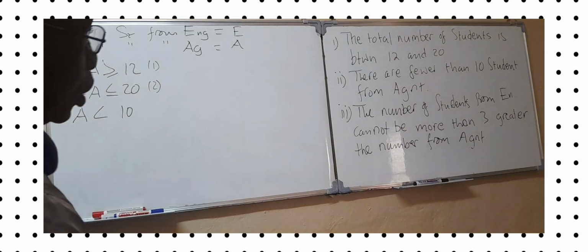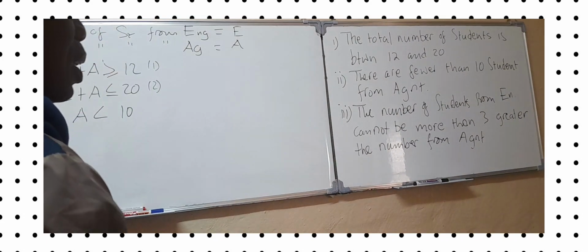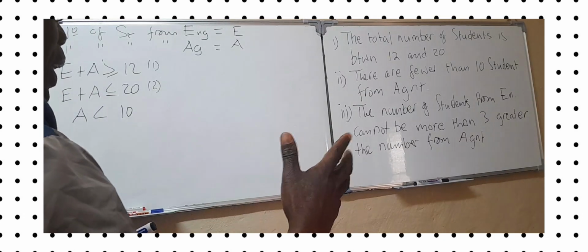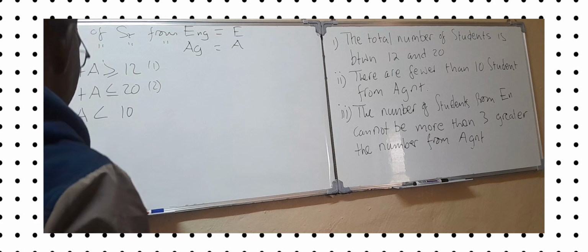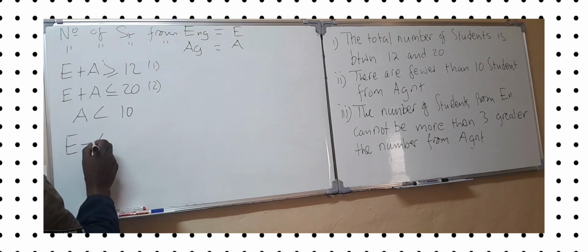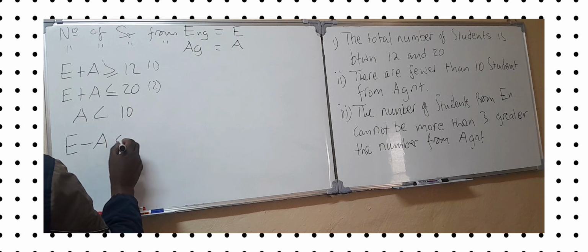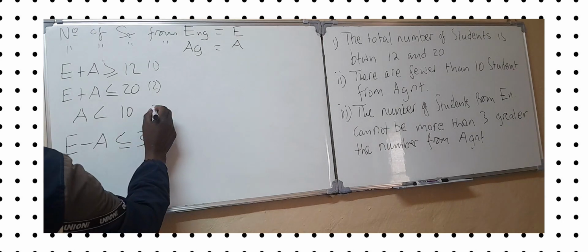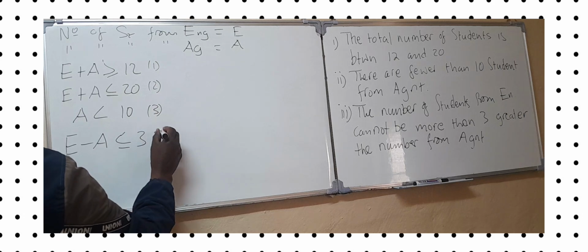The last condition, which is the third one, it says the number of students from England should not be more than 3 greater than the number of students from Argentina. In other words, E minus A is less than or equal to 3. Okay, so that's 3 there, that's 2 there.